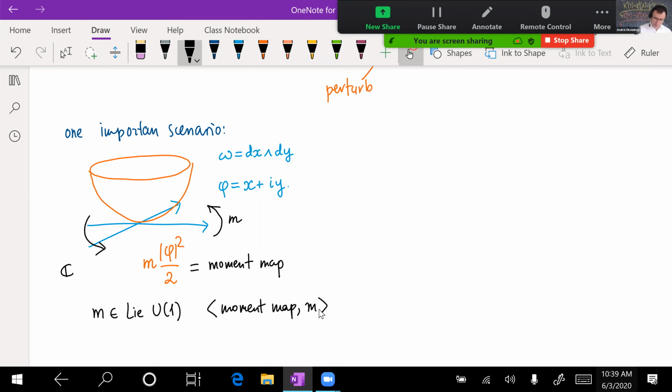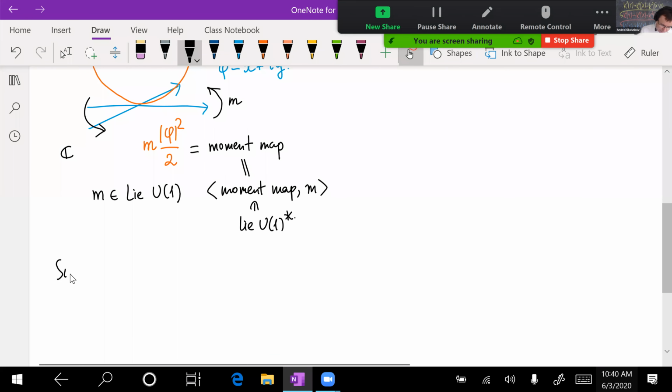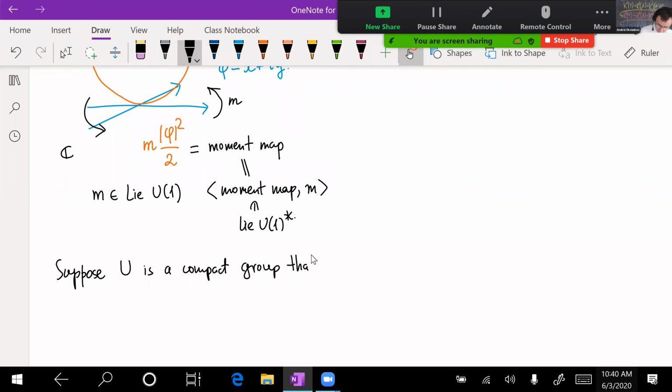So the moment map takes values in the dual of the Lie algebra, and you pair, so that it takes value in the dual of this Lie algebra. And so now suppose U is a compact group that acts by automorphisms.